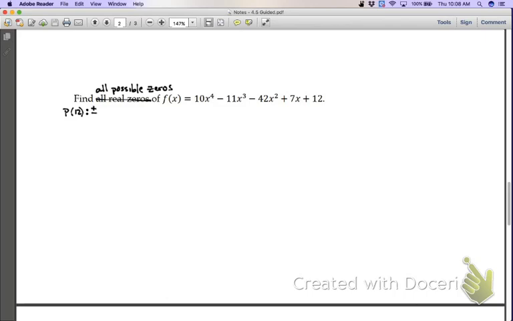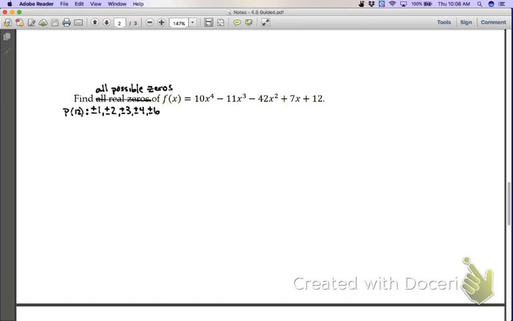1, 2, 3, 4, and 6. So what do I know? Before I even have my list, I know what values are automatically going to be in my list of all possible zeros. Those numbers right there, right? Whatever the factors of your constant are, they are automatically possible zeros.